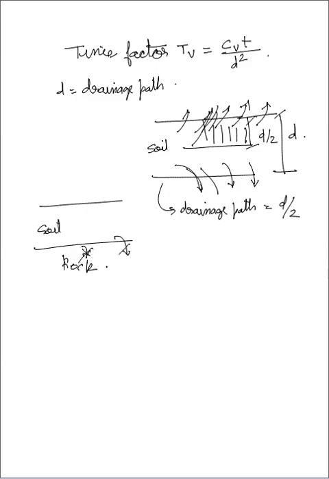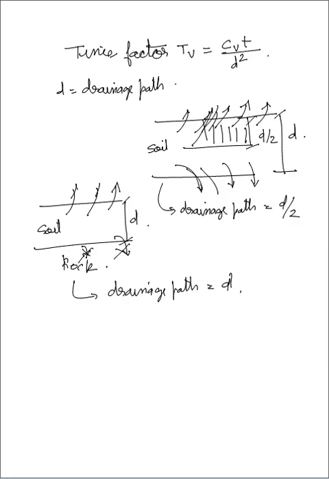Water will be expelled out in this direction only, so our drainage path will be the complete D. We have to be very careful while solving such sums. So time factor TV = CVT upon D square, and you have to be careful while taking the drainage path.